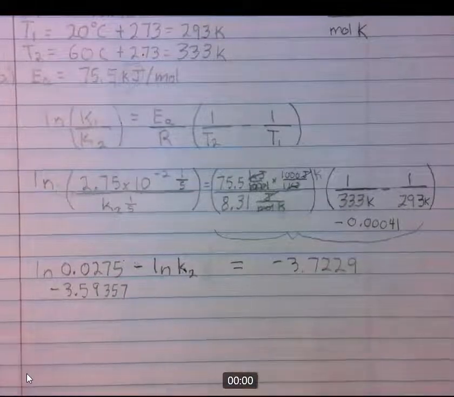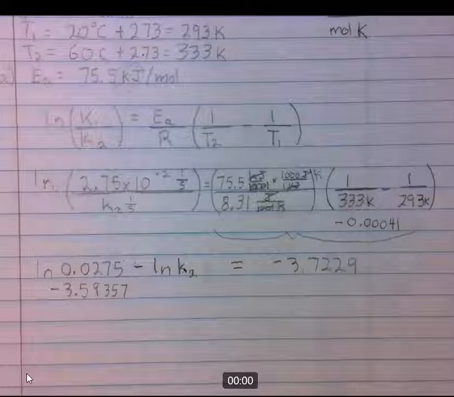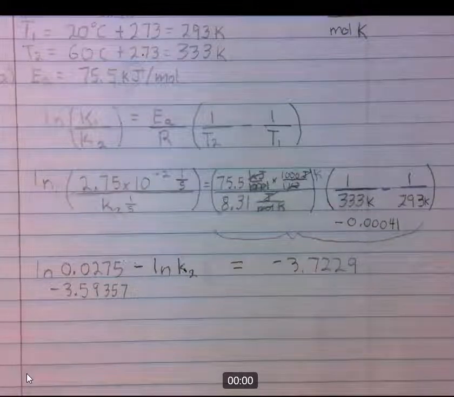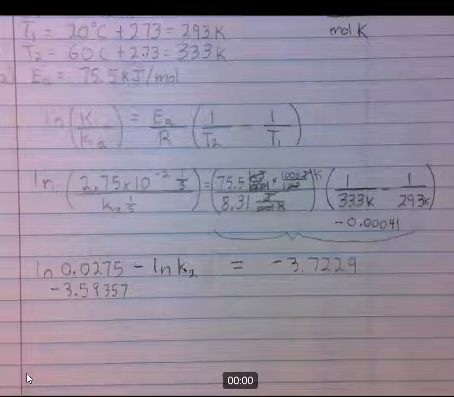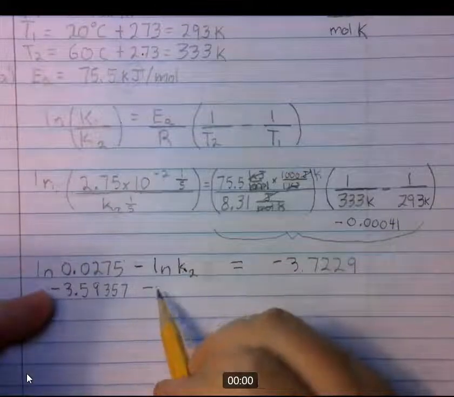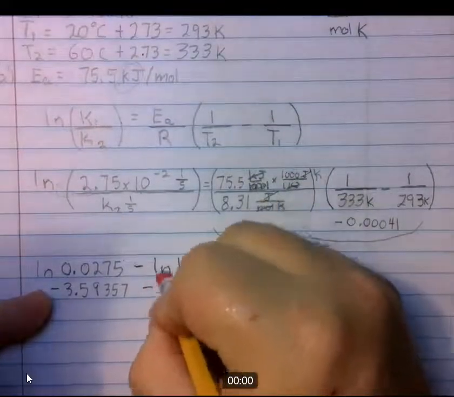I'm using a lot of significant figures here because I don't want a lot of rounding error. Remember, even when you're doing significant figures, you don't round anything in the middle of the problem. Realistically, if we have 10 digits on the calculator, we have to round somewhat, but I usually go to 5 or 6 digits before I cut it off. Okay, and that's going to be minus natural log of K2.